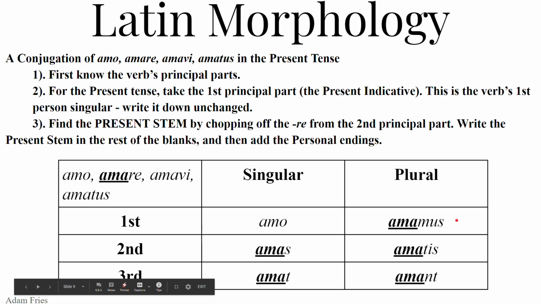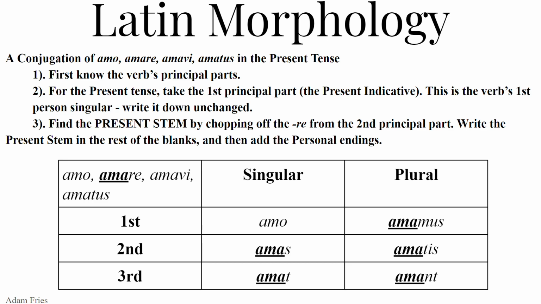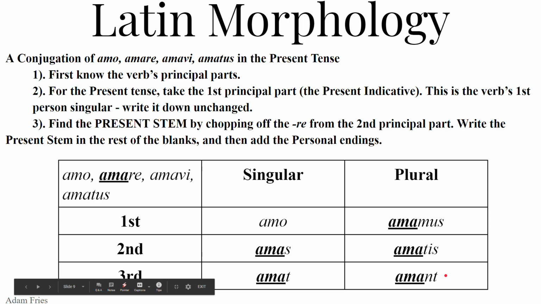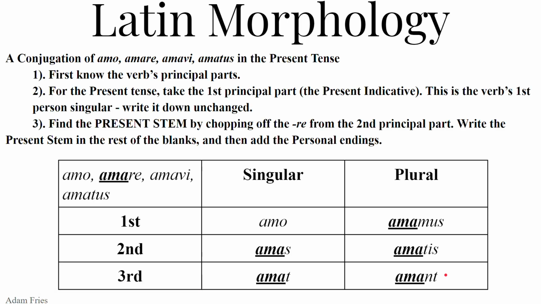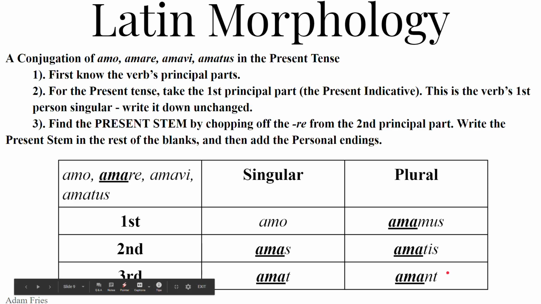Amamus, we love, we are loving, we do love. Amatis, ye love, ye are loving, ye do love. And amant, they love, they are loving, they do love. Amo, amas, amat, amamus, amatis, amant.